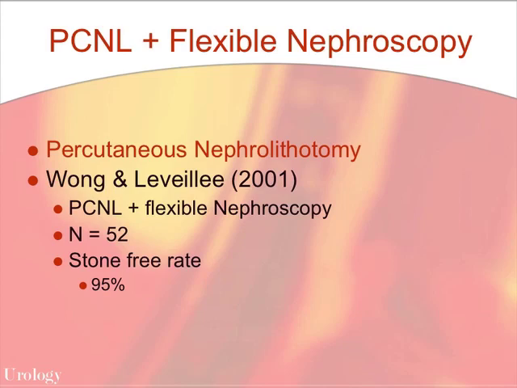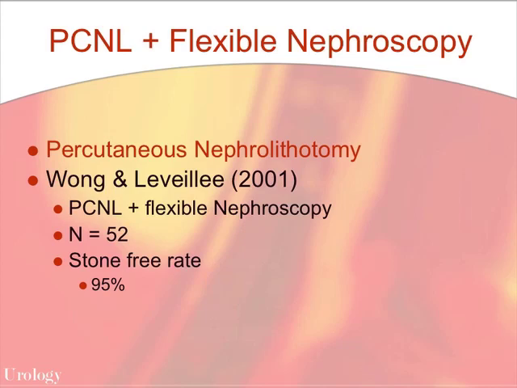The last one on PCNL is Wong in 2001, and this brings us to practice at VGH now. They introduced the addition of flexible antegrade nephroscopy through the percutaneous site. They had very good experience with the stone-free rate of about 95%, and they had a shorter hospital stay of approximately 2 days.